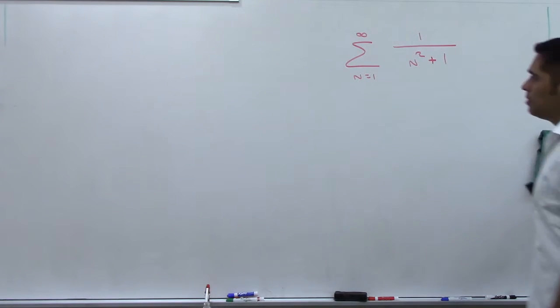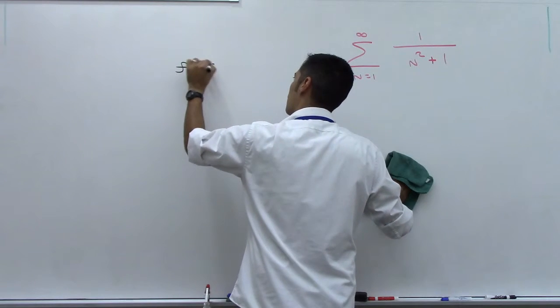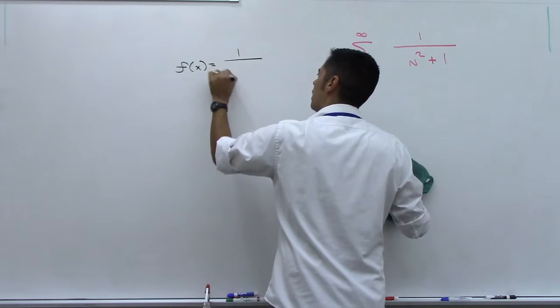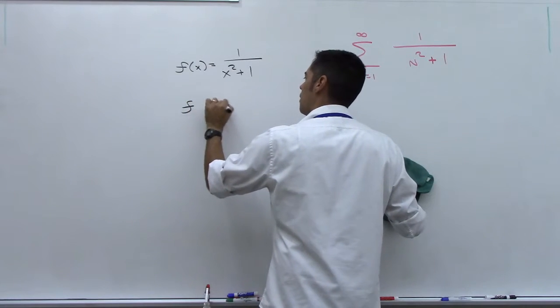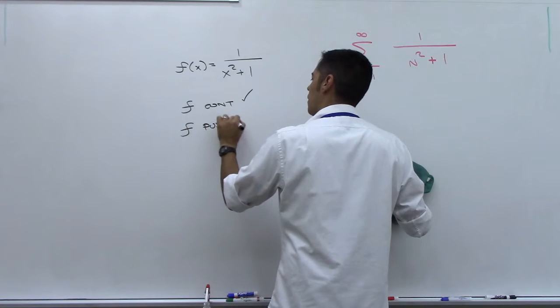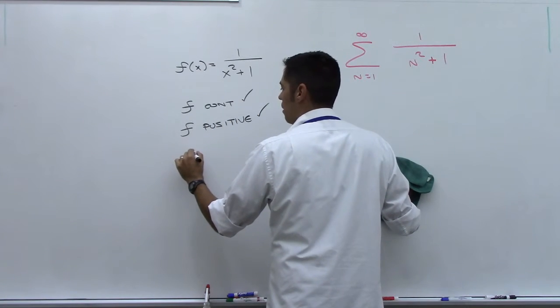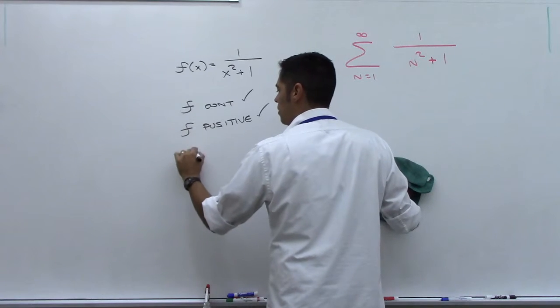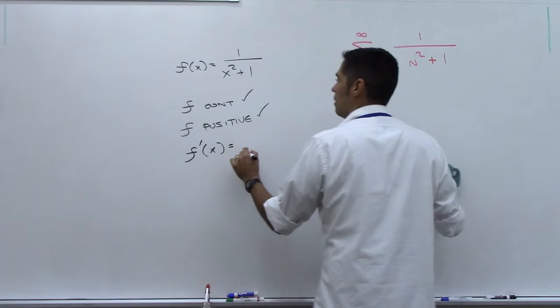Okay, what I'm going to do is set up a function. I'm going to do the integral test. This is obviously continuous. It's positive. And is it decreasing? Well, if I take the derivative of this, let's see what we get.